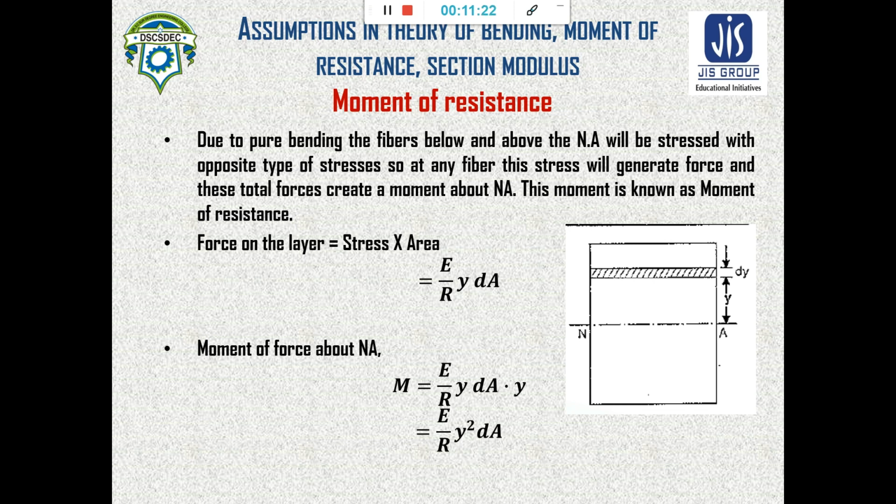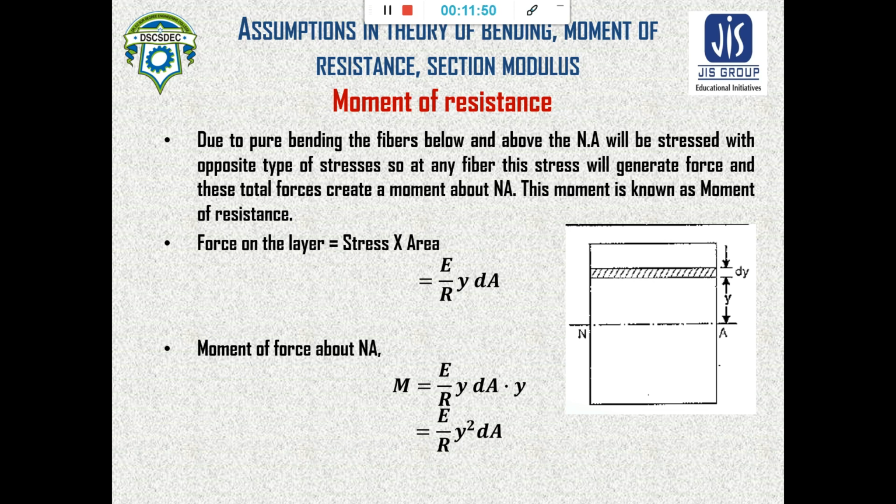Now, for calculating moment of resistance, from the definition we can see that it is calculated by measuring the force on the length, that is stress into area, given by E by R into y into dA.